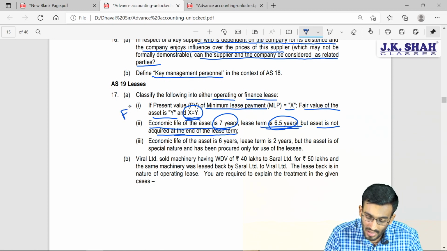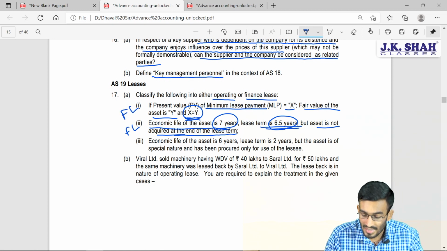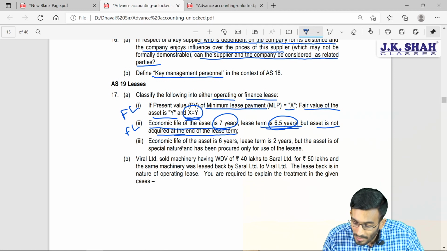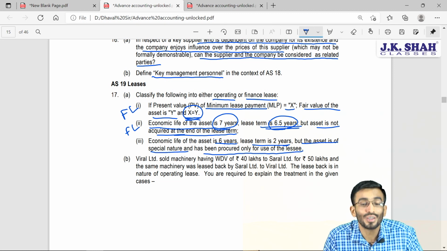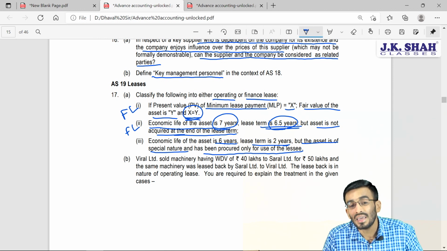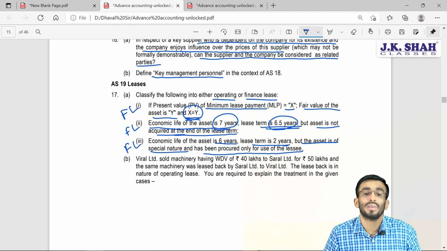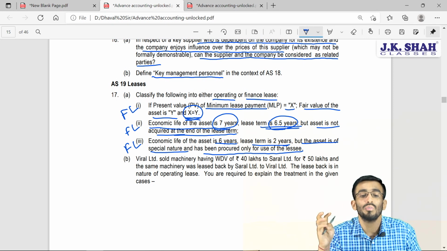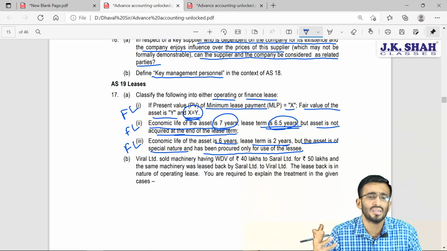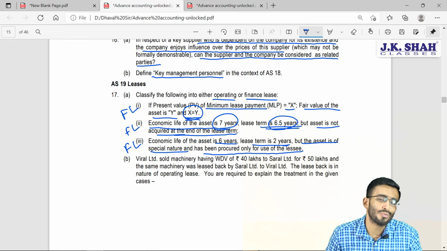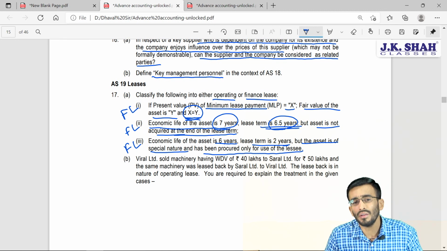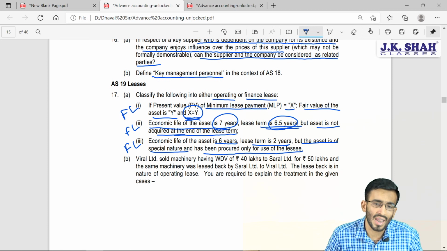So the first is a finance lease, and the second is also a finance lease. Third, the economic life of the asset is 6 years whereas the lease term is 2 years, but the asset is of a special nature and has been procured only for the use of the lessee. Definitely this will also be considered as a finance lease because it is of a specific nature and can be used by the lessee only, with some modification. This is also one of the indicators to identify that a lease is a finance lease.